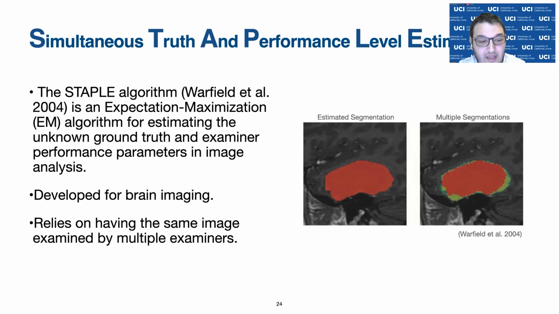This relies on the fact that we have multiple examiners examining the same image. So in the brain imaging on the right, you can see we have multiple people examine this tumor. You could see the green, yellow, and red are different people determining what pixels make up the tumor in this image.